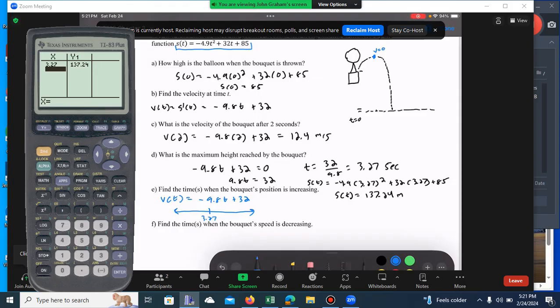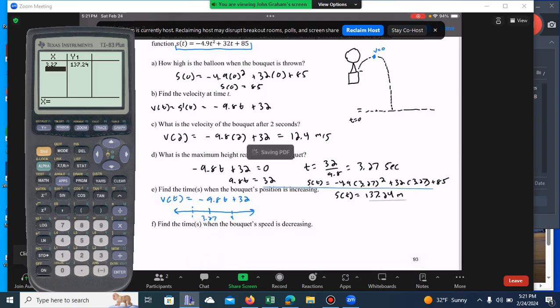So we can test some values here. If you plug in 1 for t, we'll have negative 9.8 plus 32. You're going to get a positive value there.